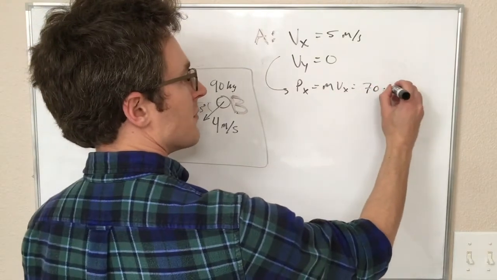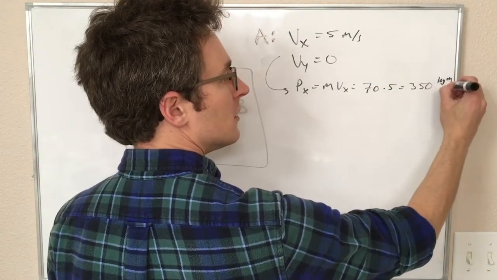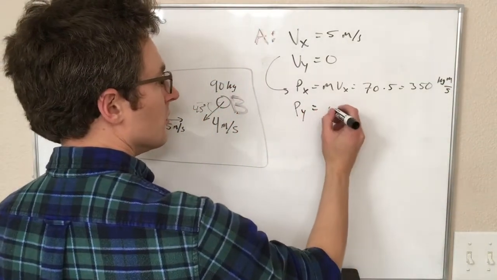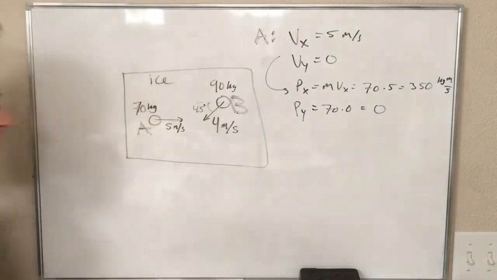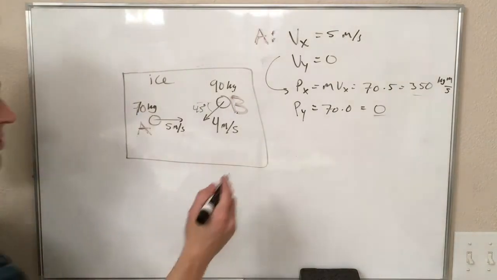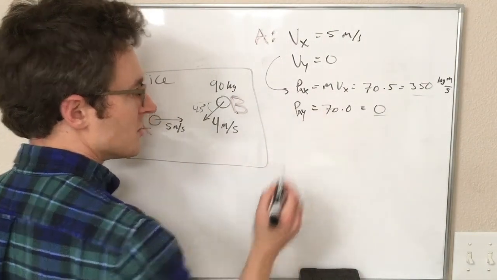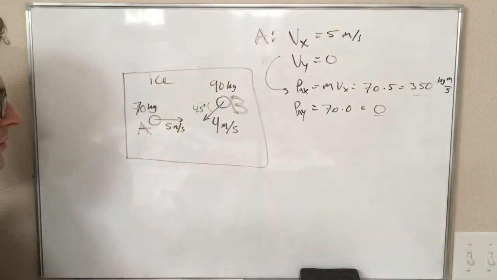So 70 times 5 is equal to 350 kilogram meters per second. Py is equal to 70 times 0, which equals 0. All right, so we have our first two components. I guess I should call these Pax and Pay just so we know that these correspond to person A.